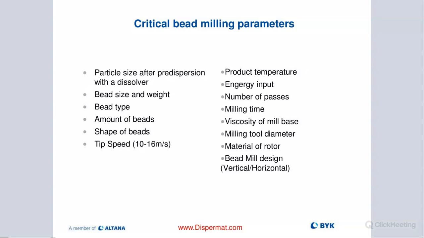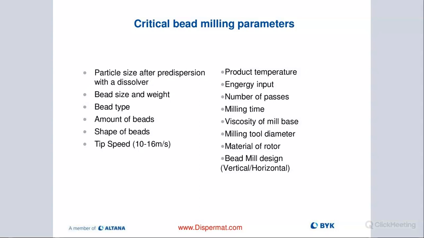The diameter of our rotor or milling disc is important. The material, for example, in some color sensitive applications, if you want to produce a white product, you can't have any cross contamination. If the rotor was metal, stainless steel, it would over time bleed into your slurry.